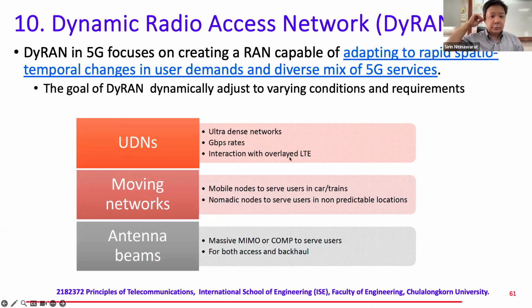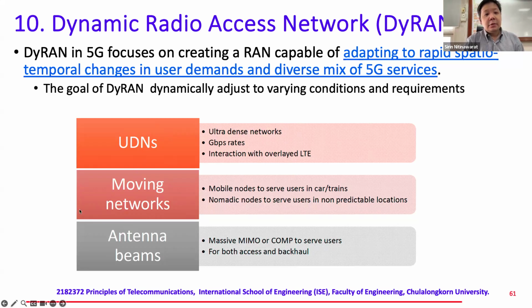Okay. So here, you can see different techniques being used to support ultra dense networks, something like adding small cells dynamically into the macro cell, right?